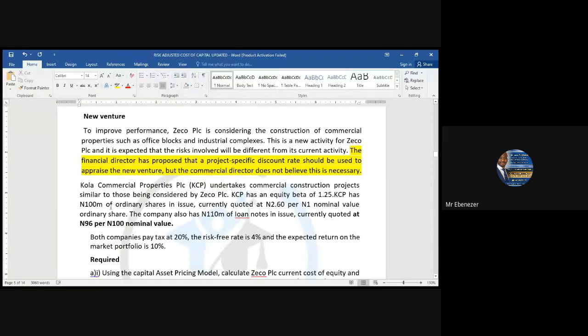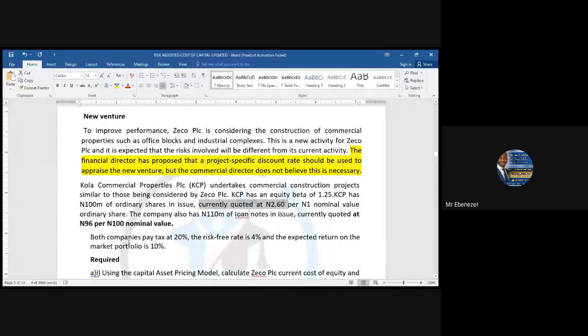The proxy company has 100 million ordinary shares in issue. The current quoted market price is 2.60 naira per 1 naira nominal value ordinary share. The company also has 110 million of loan notes in issue, currently quoted at 96 naira per 100 naira nominal value. Can you see the information for the proxy company?